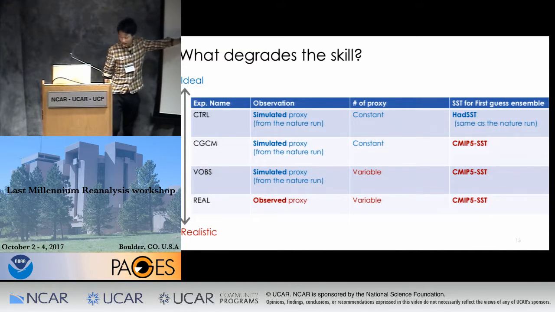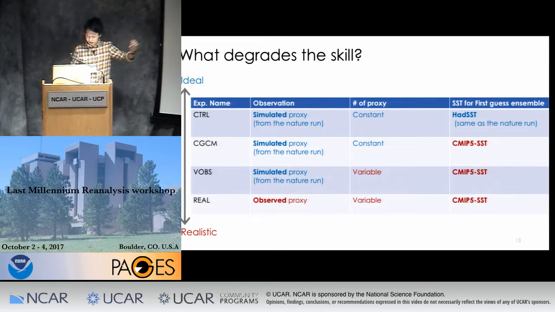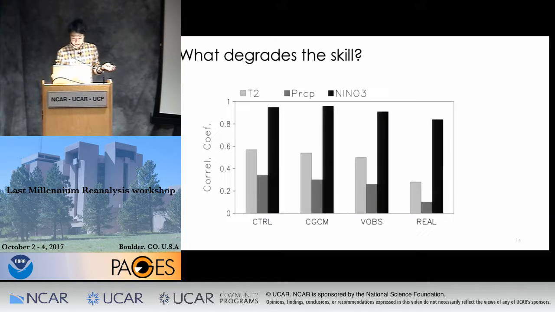And VOBs, in this case, I additionally changed the number of proxies to fit the realistic case. Okay, so this is the result again, and I used again the correlation coefficient, and the bar shows the globally averaged correlation coefficient for temperature, precipitation, and I additionally brought Nino 3 in this figure.